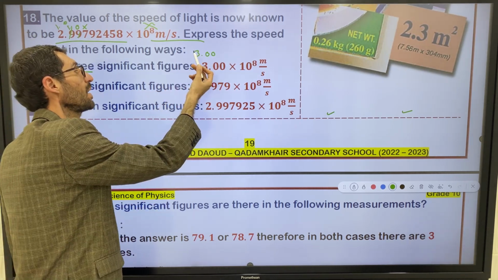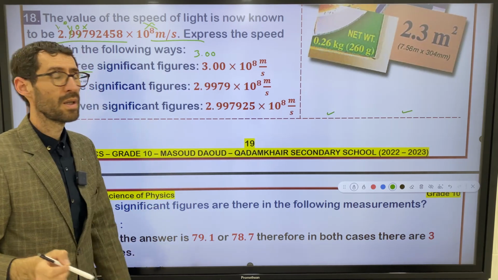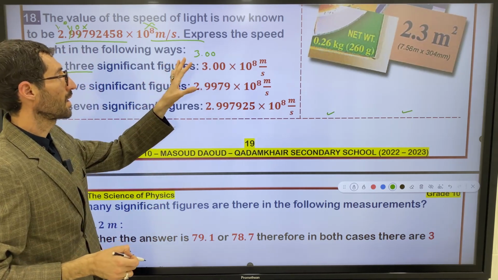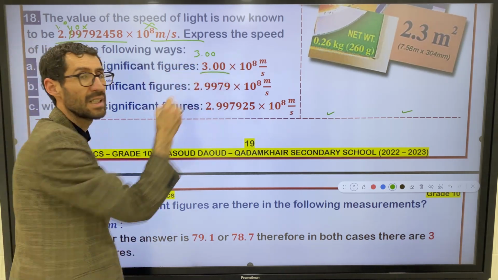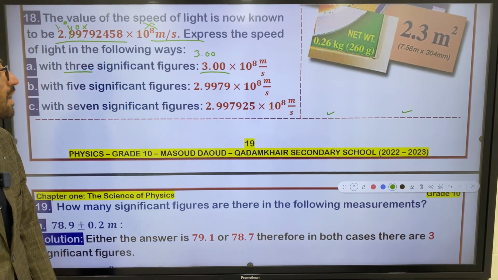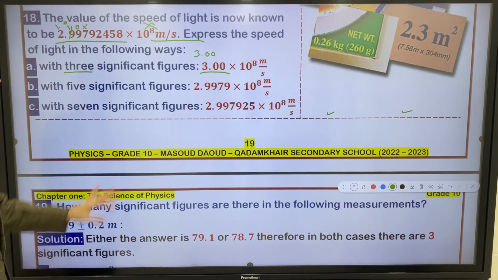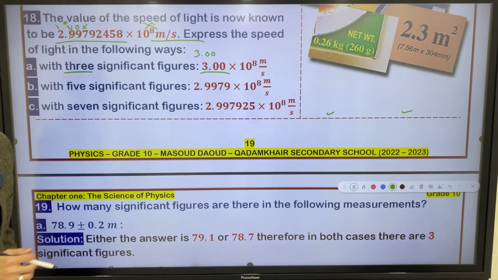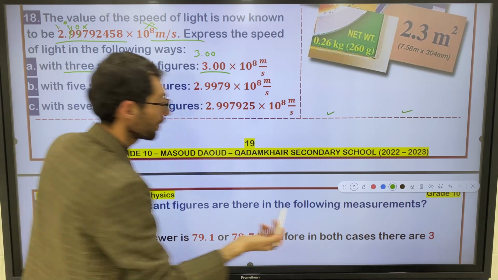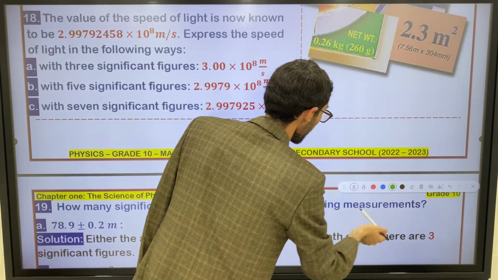So right now, 3.00, that's the answer. It contains 3 significant figures. And just write the power as it is without changing. I told you, don't care about the power, just focus on the coefficient. Let me erase it right now.